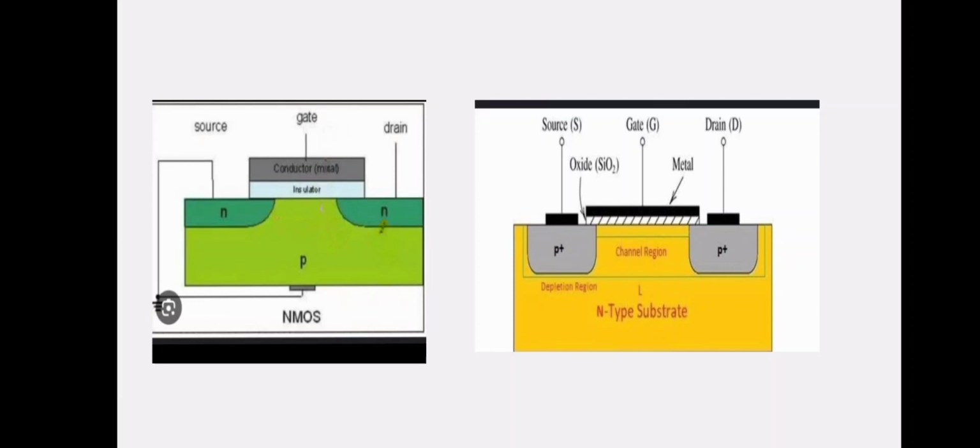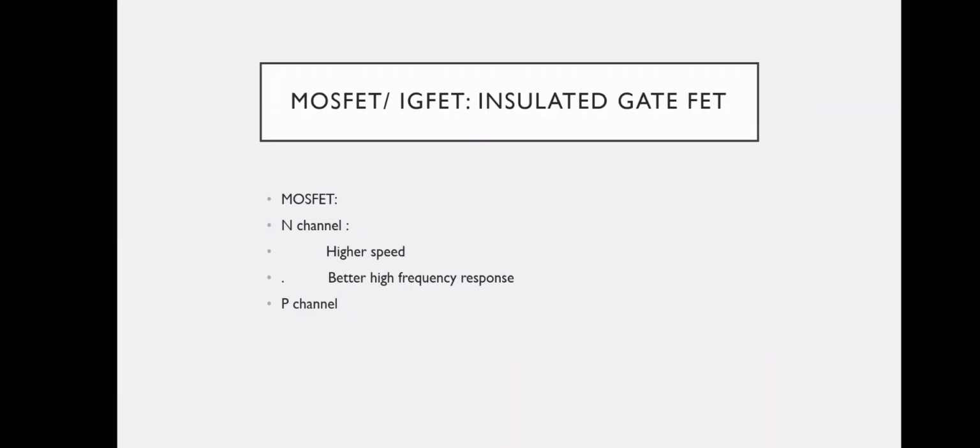But in P-channel MOSFET, the substrate will be of N type material, but the channel will be P type and the majority carriers will be holes. Since electrons have a higher mobility than holes, the N-channel MOSFET will have a better high frequency response and will perform at better high speeds. So that is why N-channel MOSFETs are widely used.